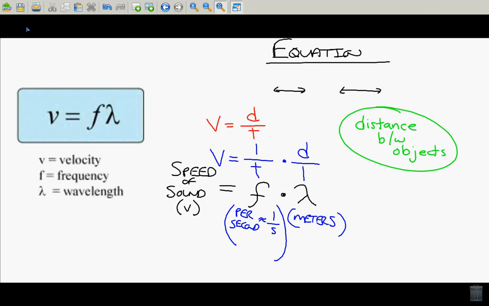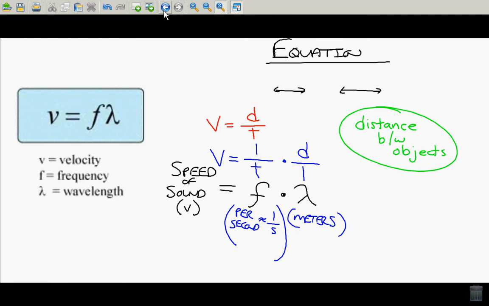This again has a link to our velocity equals distance over time equation. So we'll be using both equations somewhat together, our sound velocity equation and our normal velocity equals distance over time equation. And then we'll get into things like echoes as well, and how that translates to distances and things of that nature.